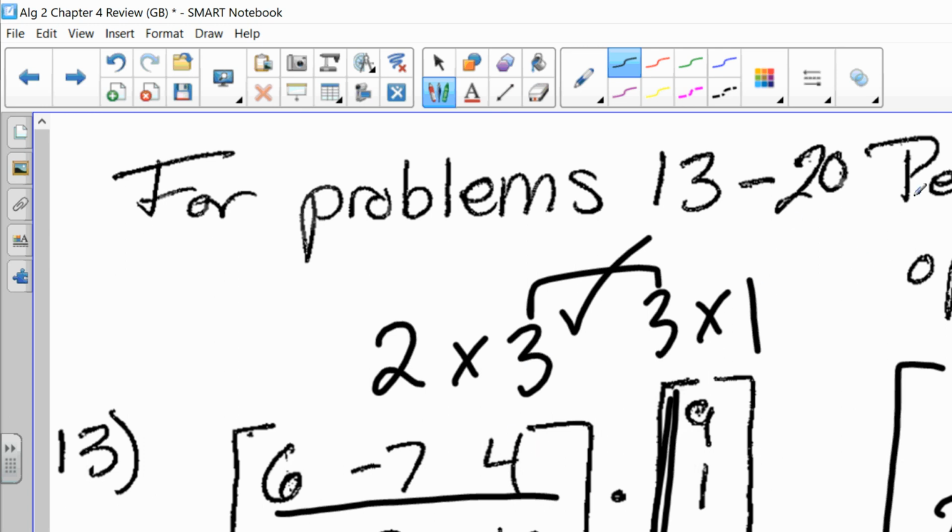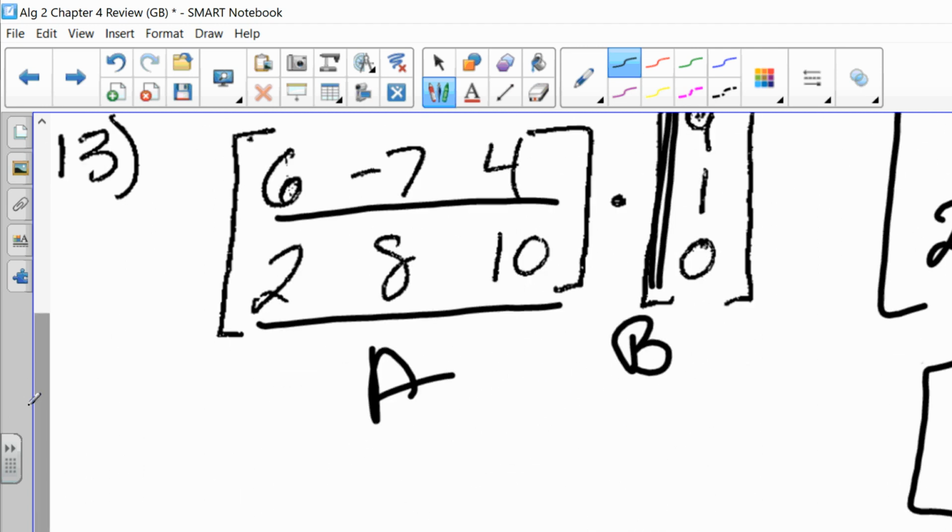Well, 10 times 0 and 4 times 0 is just 0. 6 times 9 is 54, minus 7. 2 times 9 is 18, and 8 times 1 is 8. 54 minus 7 is? And I believe we got the same thing on the calculator.